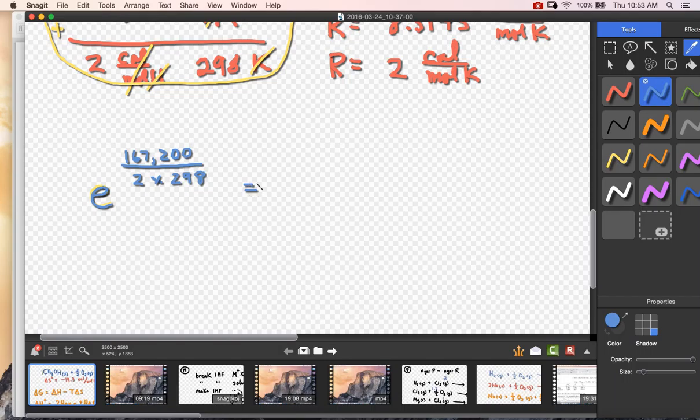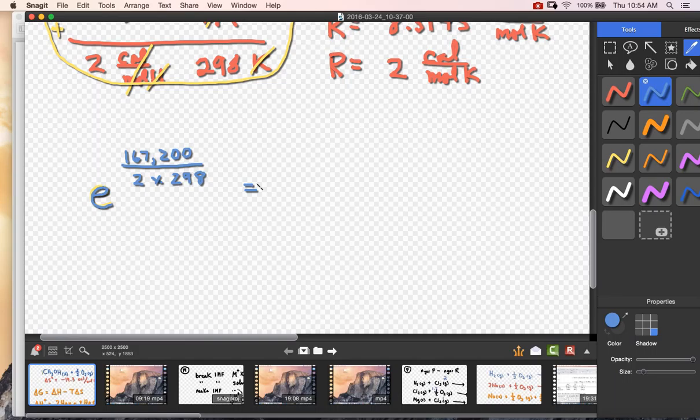And when we simplify this expression, let's do this quickly, we get a value that our calculator can actually not handle. So the exponential that we get is going to be greater than 10 to the 100.